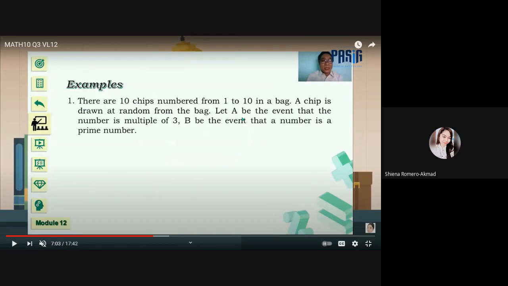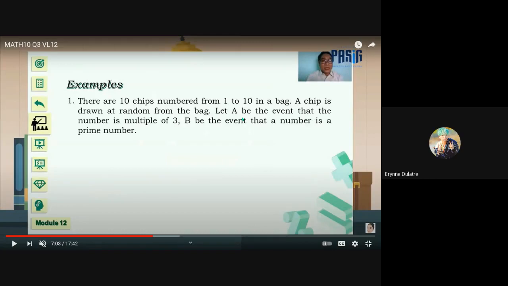How about yung sa event B? Sabi dyan, the number is a prime number. Ano ba yung mga prime numbers? Ano ba yung characteristic ng prime numbers?